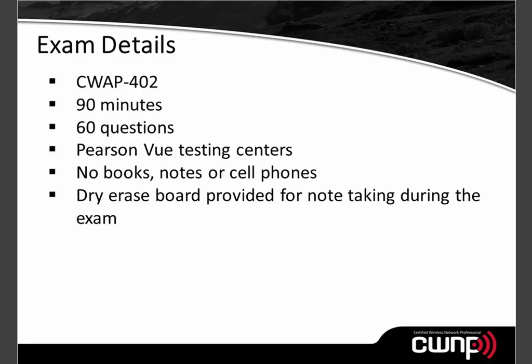So, for example, CWSP starts with CWSP, CWDP starts with CWDP, and of course, CWAP starts with CWAP. And it is exam number 402. So CWAP-402 is the new exam number that will be live and available on June 28th.